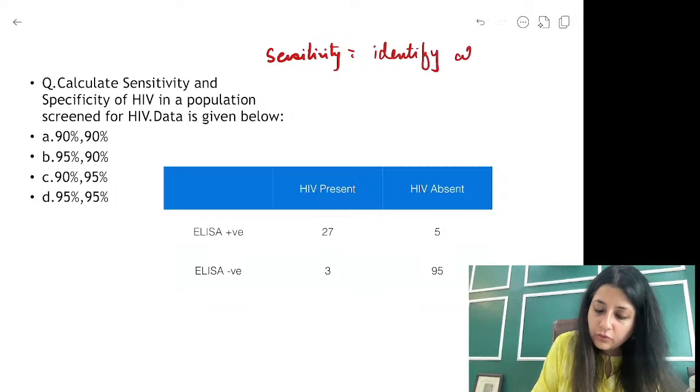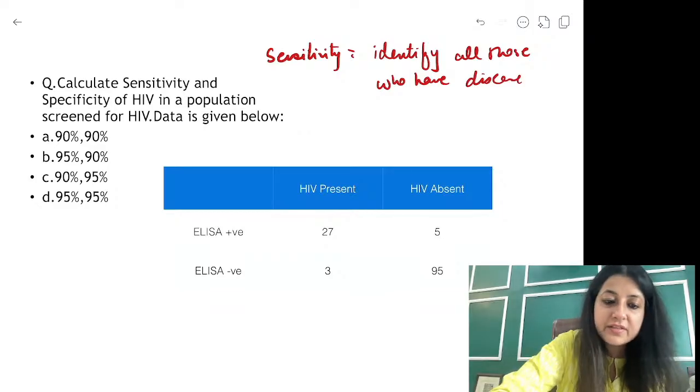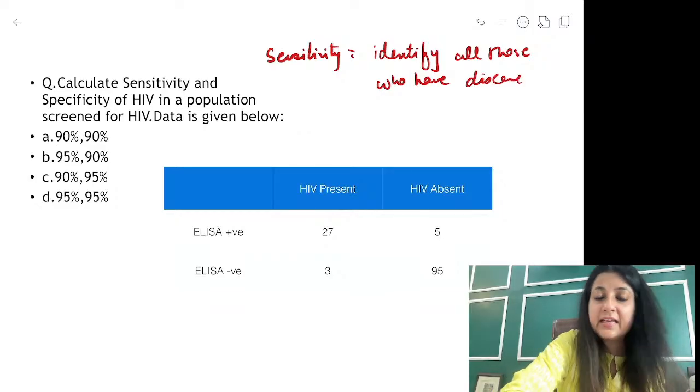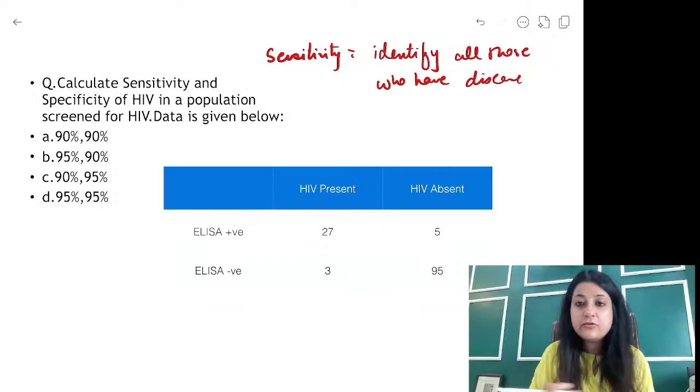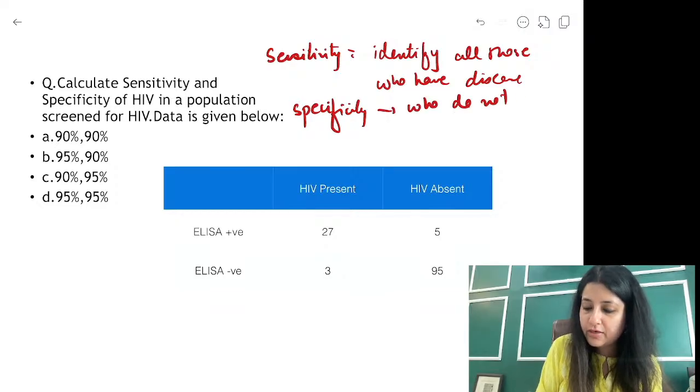Identify all those who have the disease. And what is specificity, everyone? Specificity is the ability of a screening test to identify correctly all those who do not have the disease. All those who do not have the disease.